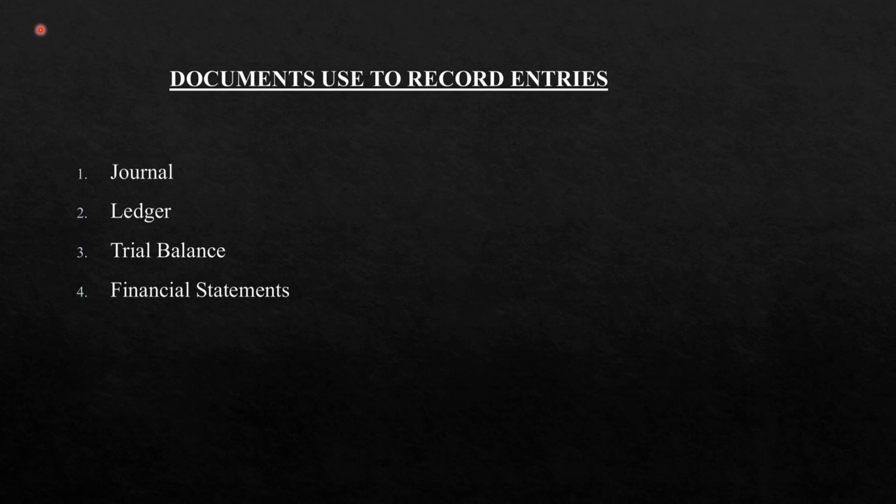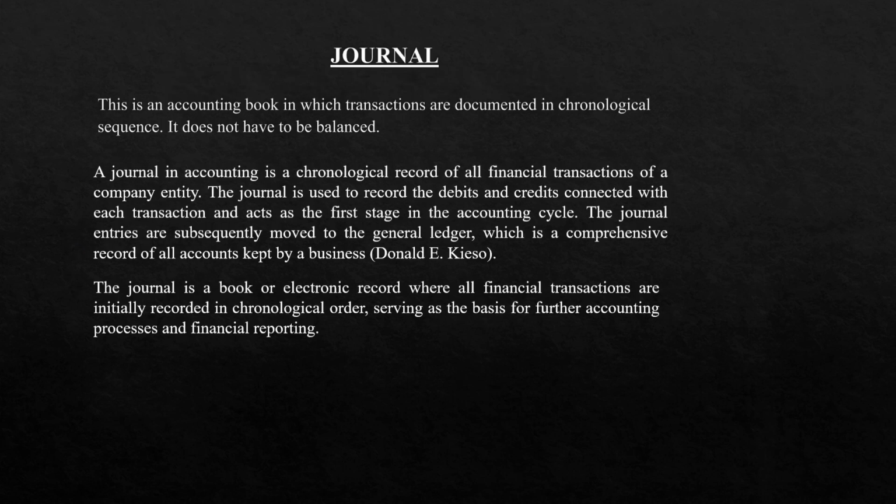Let's look at them. Journal. What are journal accounts? What do you understand by the term journal? This is an accounting book in which transactions are documented in chronological order. Then I write this part so that we get to understand it better.